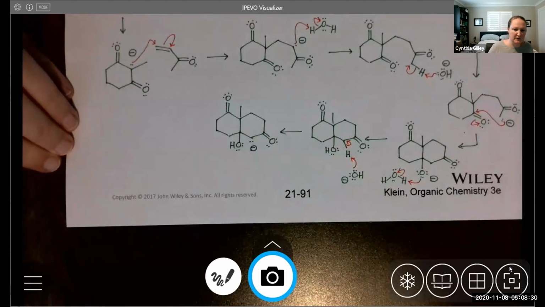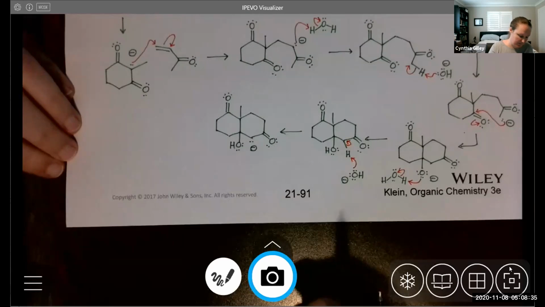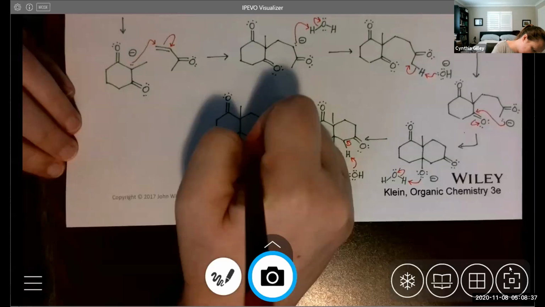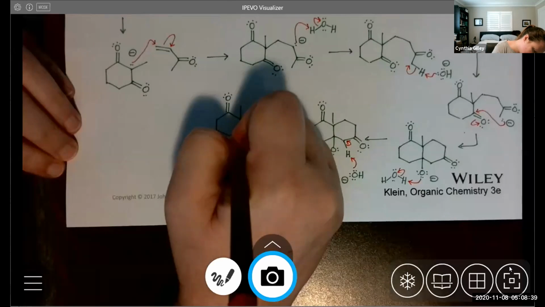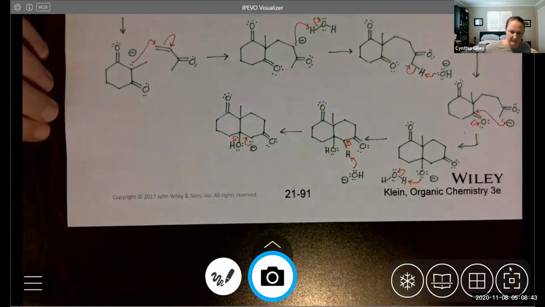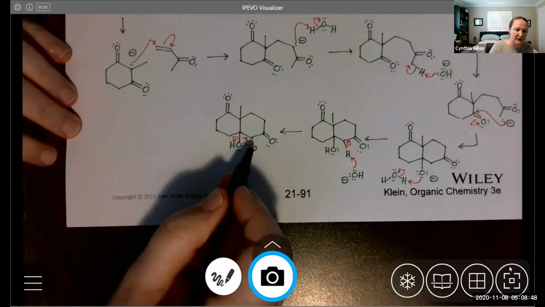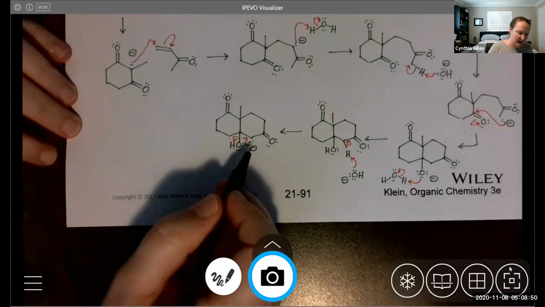Now that we have formed what's called the conjugate base, we'll do the E1CB reaction, where we do an elimination from the conjugate base. So we're forming this pi bond, the alkene, and kicking out hydroxide.